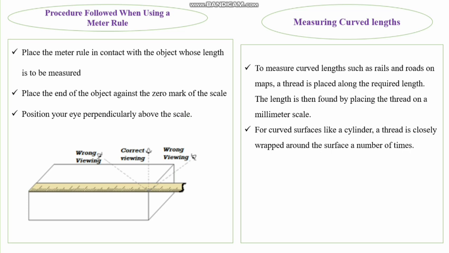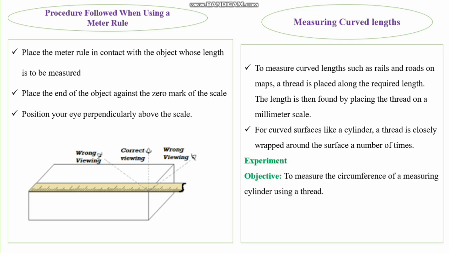So if you make 2 turns, that is 2 times the circumference. If you make 3 turns, that is 3 times the circumference. If you make 10 turns, that is 10 times the circumference. So making many turns is important because it helps us to obtain the accurate circumference of the cylinder.